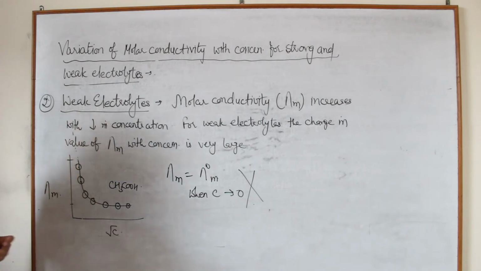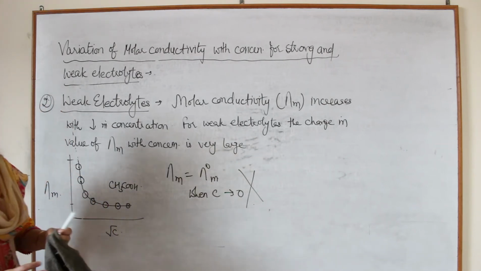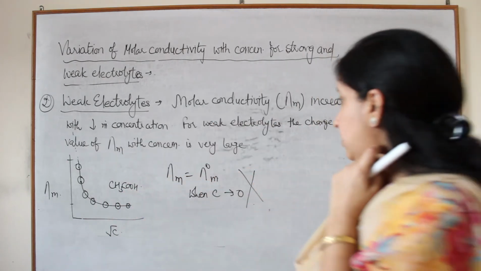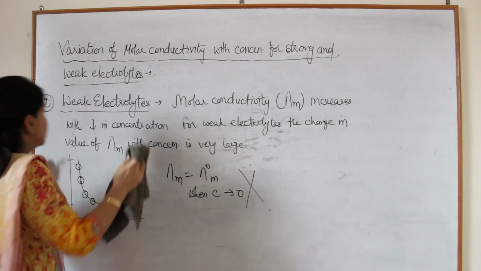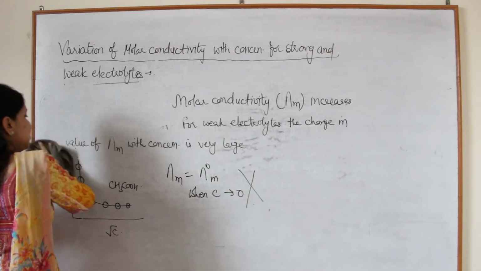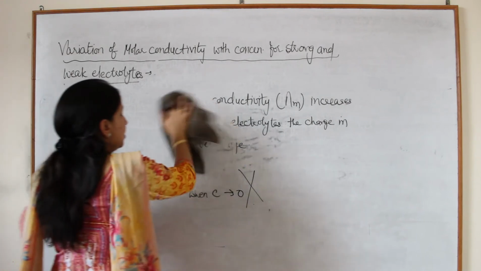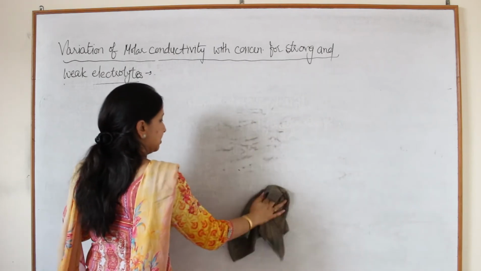Okay. So for overcoming this problem there was a law known as Kohlrausch law, which helps us to calculate the value of lambda naught m for weak electrolytes.